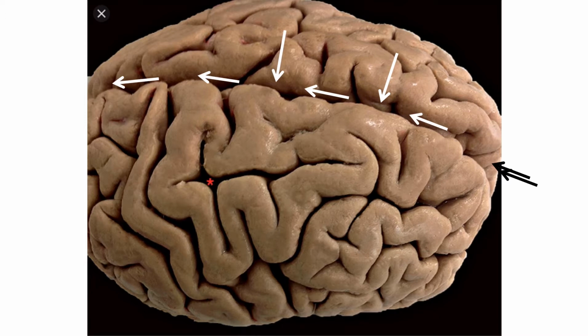What kind of a fissure is this? This is the sagittal fissure of the brain, and what does it do? It divides the brain into two cerebral hemispheres.